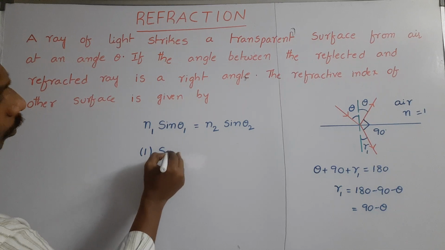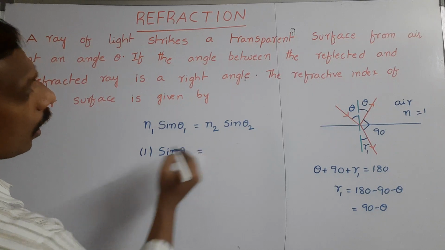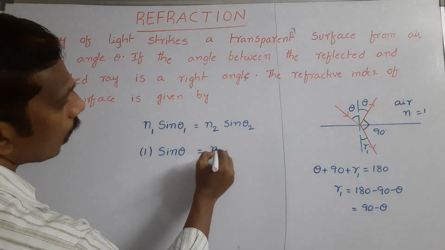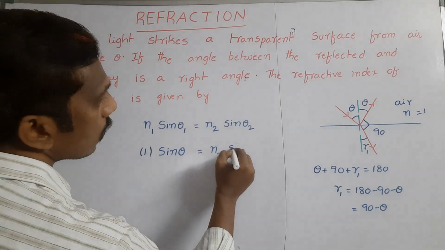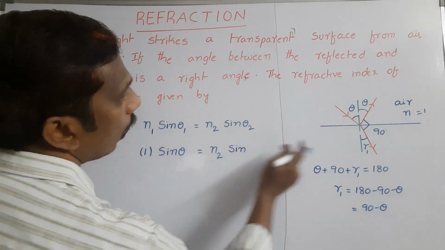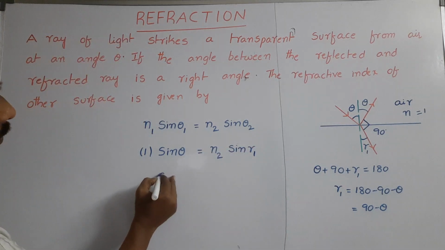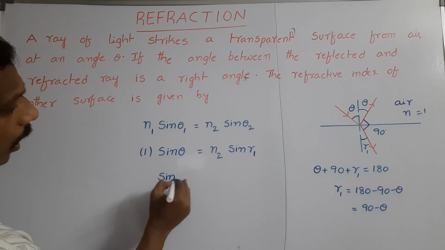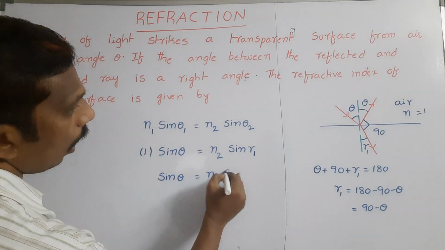In that medium, the angle of incidence is theta. So sine theta is equal to n2, which we don't know, into sine of the angle r1.